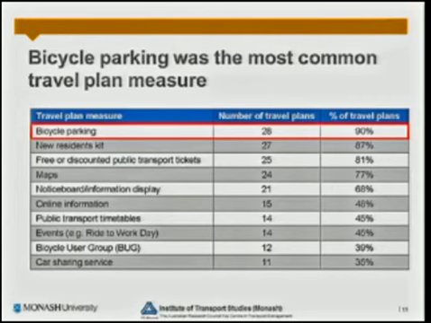Free or discounted public transport tickets, local maps, and then the percentages dropped off. Car sharing at 35% was the base at the time when this work was done. I think for some of the apartment buildings that are going up in Melbourne, we're probably seeing an increase in the number that might be looking at including car sharing as part of the development.